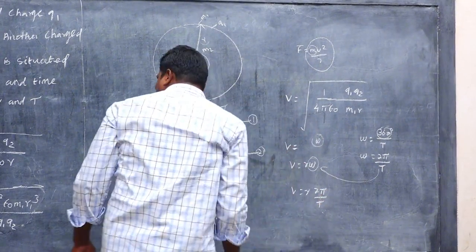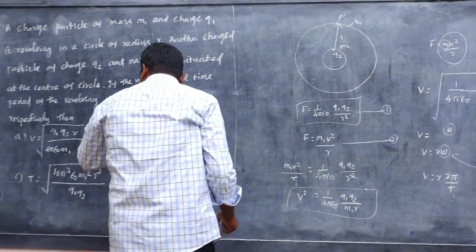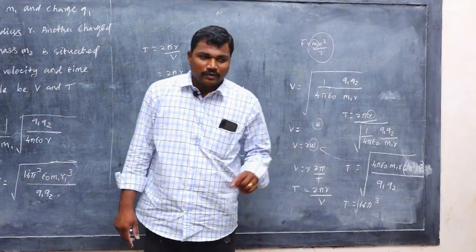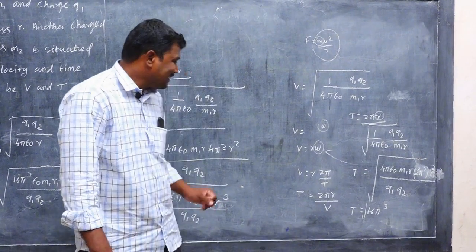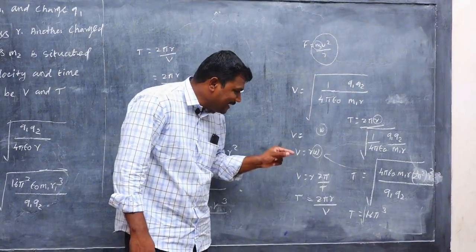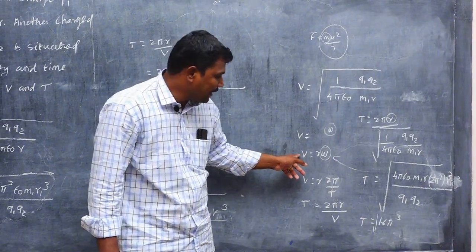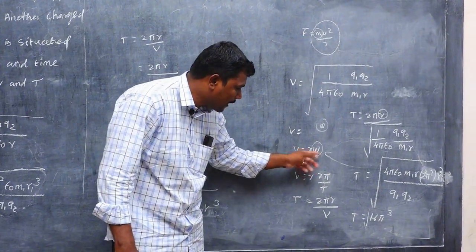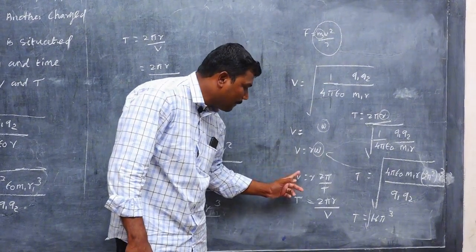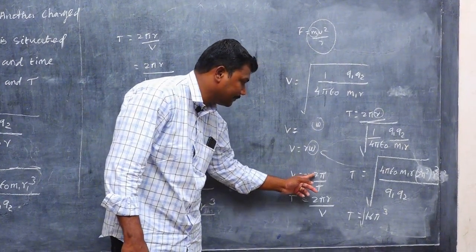Finally, the options are given for velocity or time. You know the relation between linear velocity and angular velocity: the linear velocity symbol is small v and the angular velocity symbol is omega, so V is equal to R into omega.